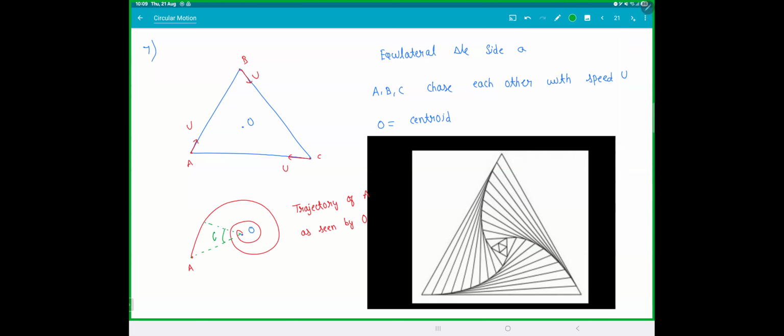This will be your angle theta. So theta is continuously changing. So when A comes here, this is the theta. When A comes here, theta is continuously changing. Find theta as a function of time t.